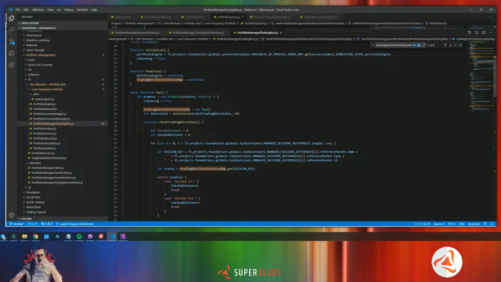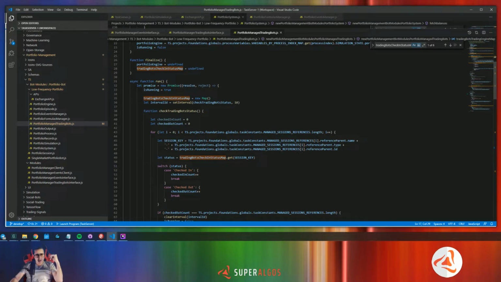So I'm trying to understand what is going on here. So we have a run function that sets up an interval to check trading bot status.